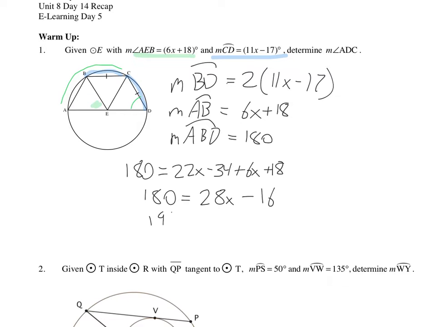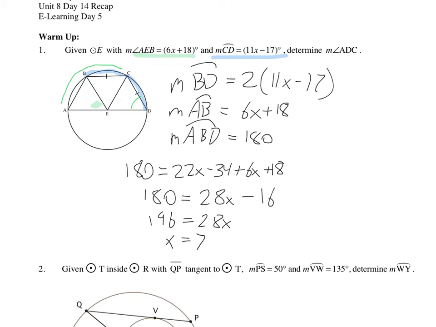So that's 196 if I am doing my math correctly. Let's just make sure I am. Yep. And that number, 196 divided by 28, is going to be equal to 7. So that's what x equals.